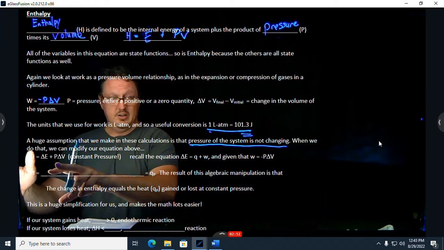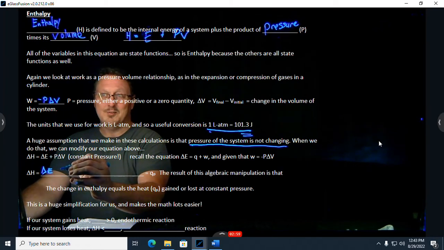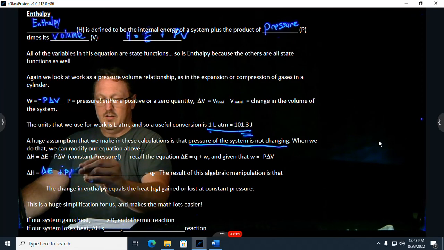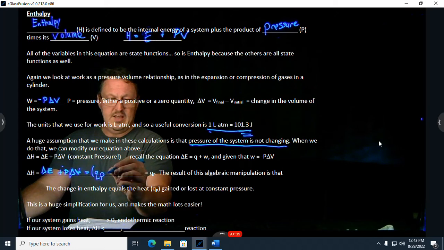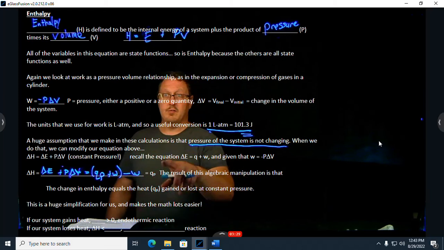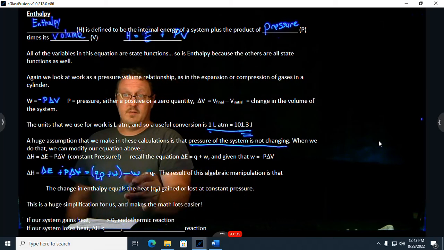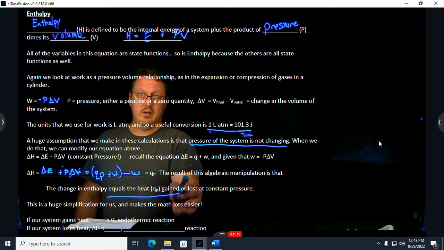Delta H equals delta E plus P delta V, and that equals Q sub P plus W minus W, which equals Q sub P. The result of this algebraic manipulation is that the change in enthalpy equals the heat gained or lost at constant pressure, which is what Q sub P is.